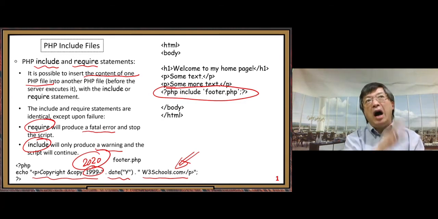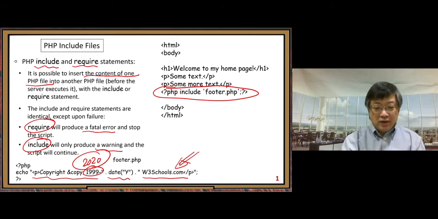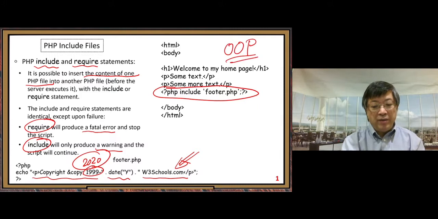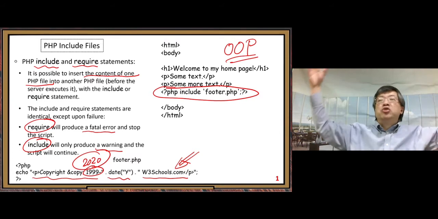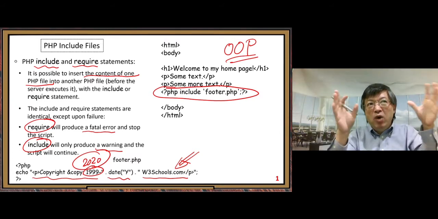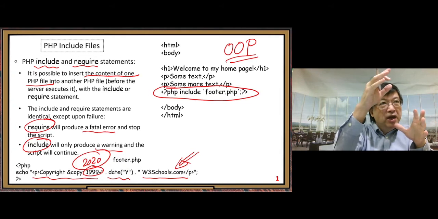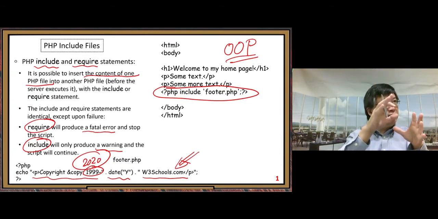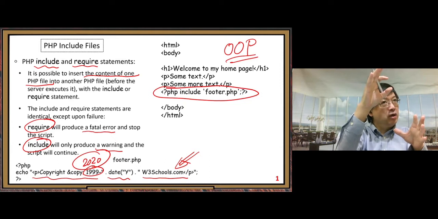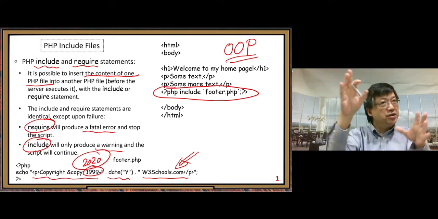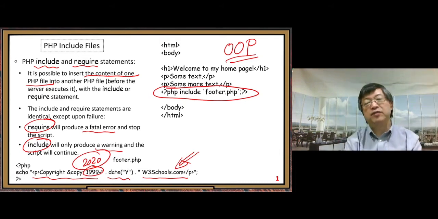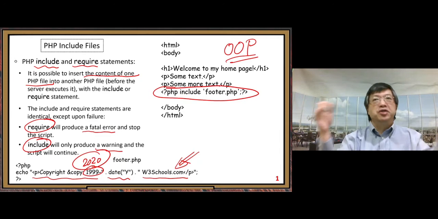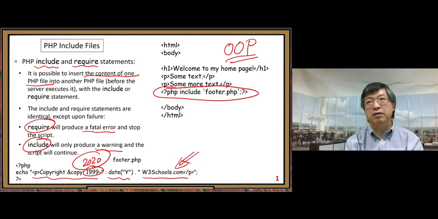And there are other ways. Look at object-oriented programming, OOP. Think about when you develop a large PHP project, you may want to create many classes. PHP supports object-oriented programming. So you create many tools and put them in your classes. How do you use those classes in your current PHP file?